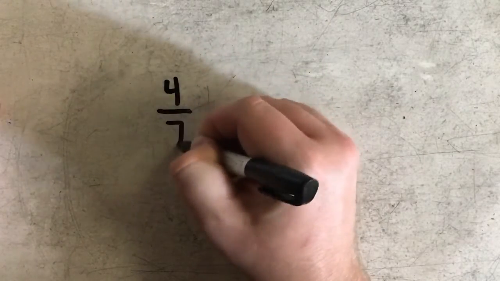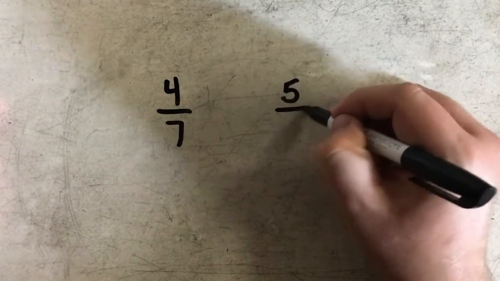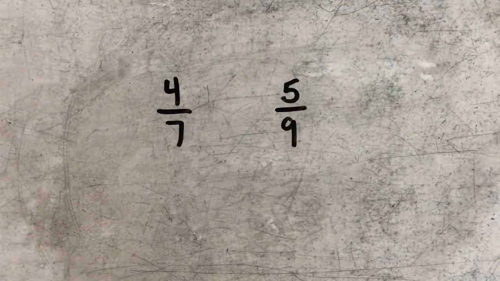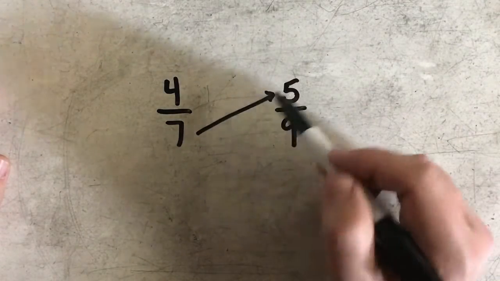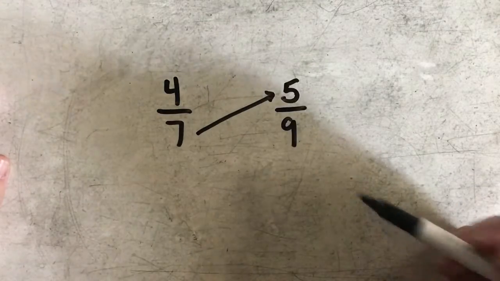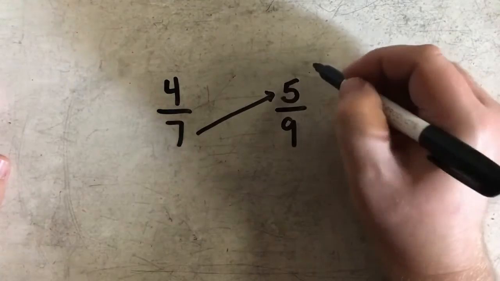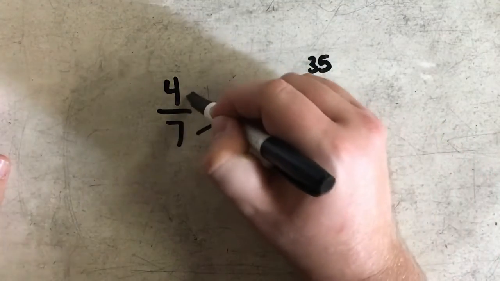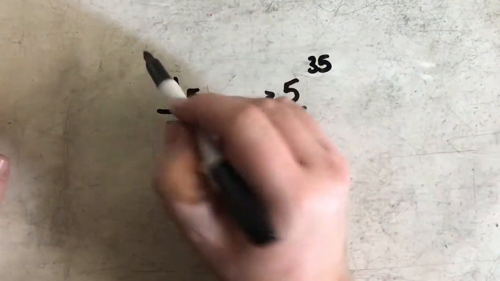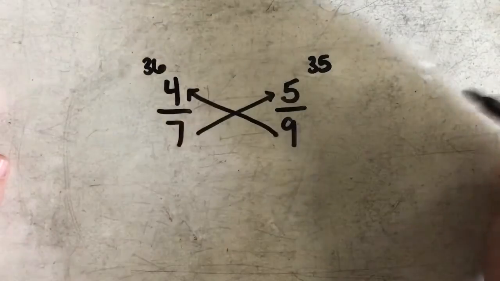Let's do one other example. 4/7 and 5/9. Again, I'm simply just going to multiply the denominator by the opposite numerator. 7 times 5 is 35. 9 times 4 is 36.